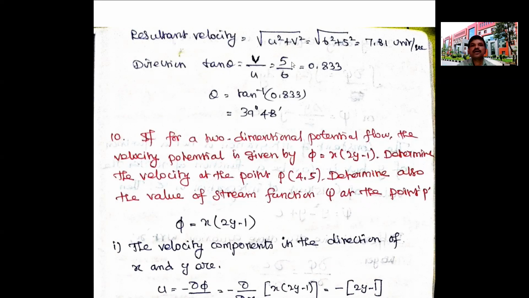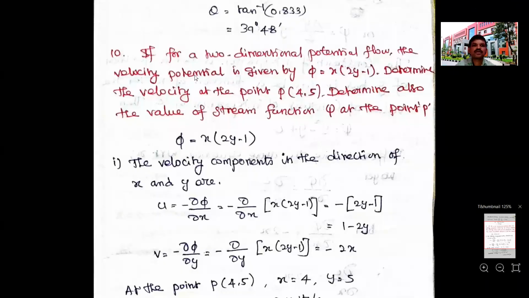It is 5 by 6, which is 0.8333. So the final answer is theta equal to 39 degrees 48 minutes. This is the direction of the flow. Just remember the formula tan theta equal to v divided by u, substitute the v value and u value, and we can easily get the theta value.